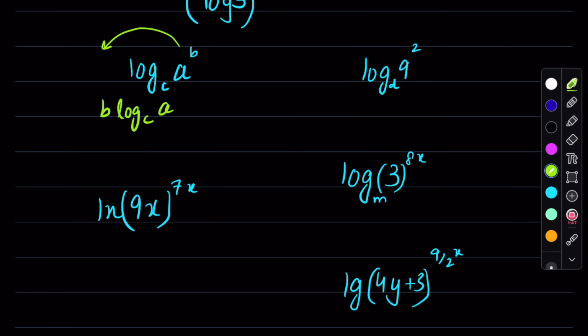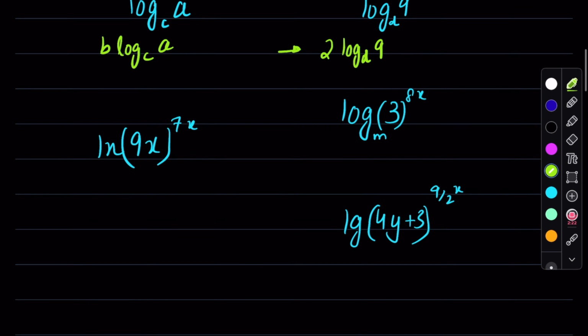Log with the base of d, argument of 9 with the power of 2. So 2 is the power of the whole term, which is 9. Our power can become the coefficient of the entire logarithm, or be shifted backwards. So it becomes 2 log base d argument of 9, right?